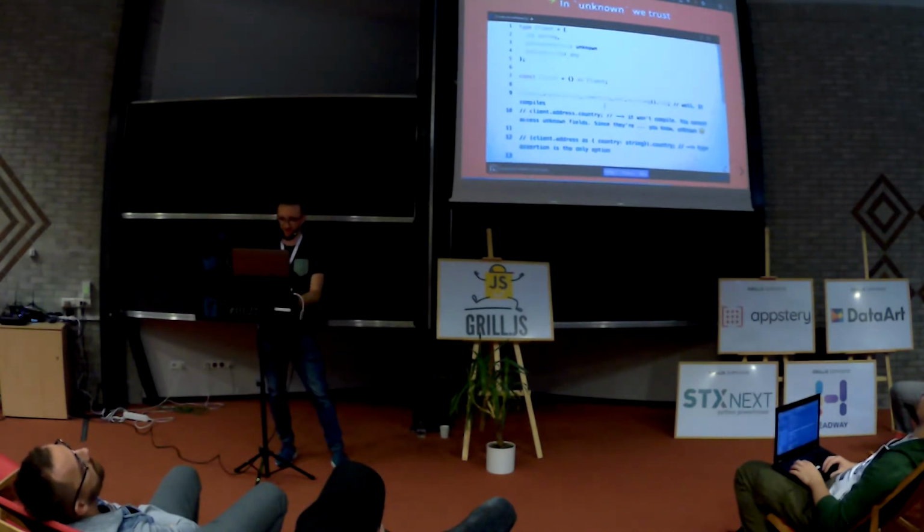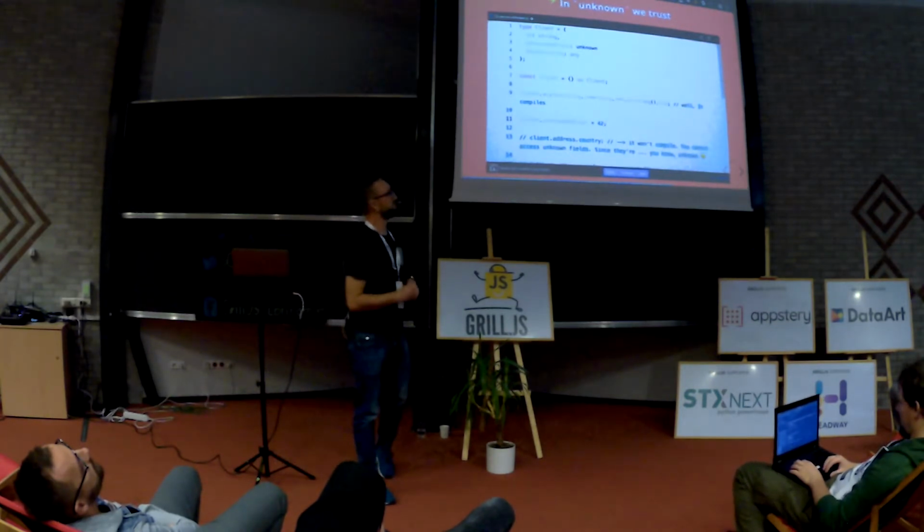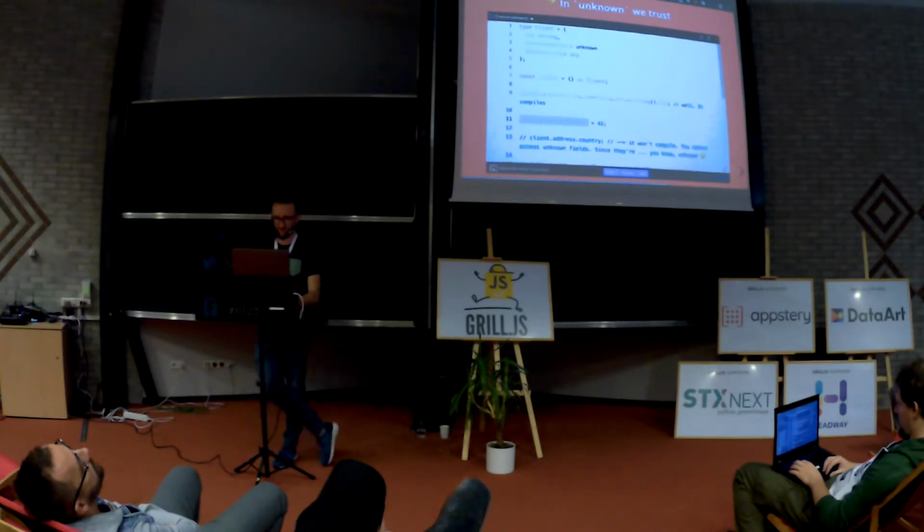But if I would do something with my client dot unknown address, for example, let's set there 42, universal answer to everything. Yeah, it works. Okay, so the compiler should know that it's number, right? Wrong.